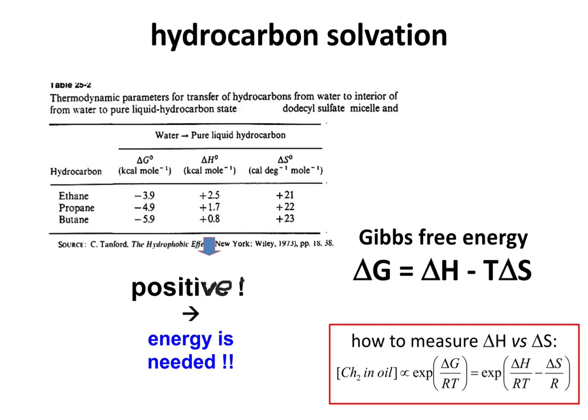Now, knowing that delta G is given by delta H minus T delta S, you see that delta G has a temperature dependent and a temperature independent part. Hence, the temperature dependent part of that experiment would give you a value for delta H divided by kT, whereas the entropy part would be a constant value.